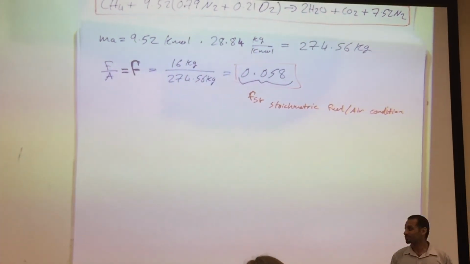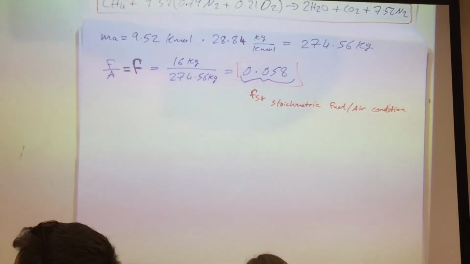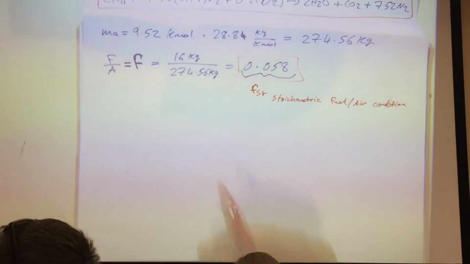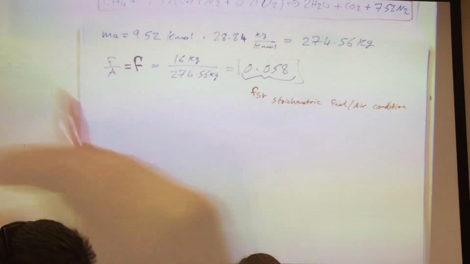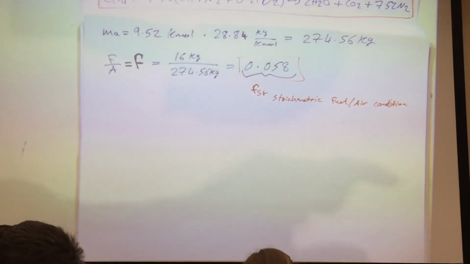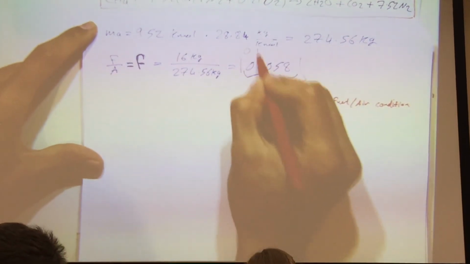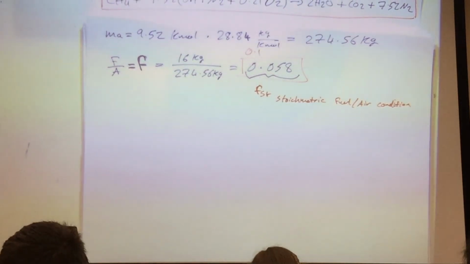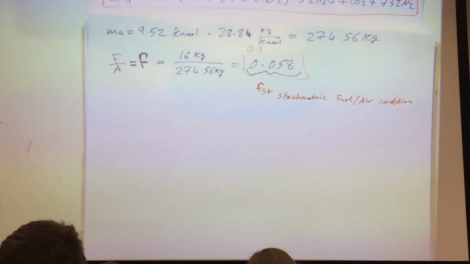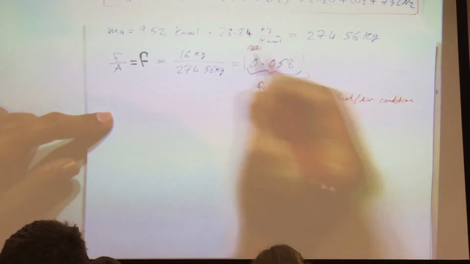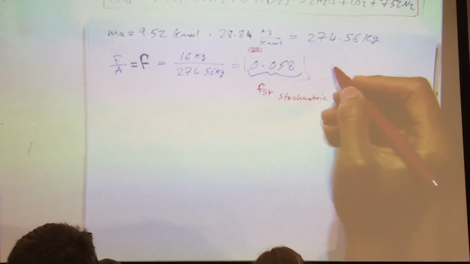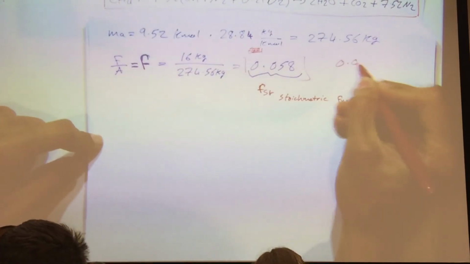That's a hint if you're solving a problem later on, or working at Pratt or GE and you get, let's say, 0.1, just go back and recheck. Something is not right. Given all the fuels I've seen, I've never gone beyond these ranges.